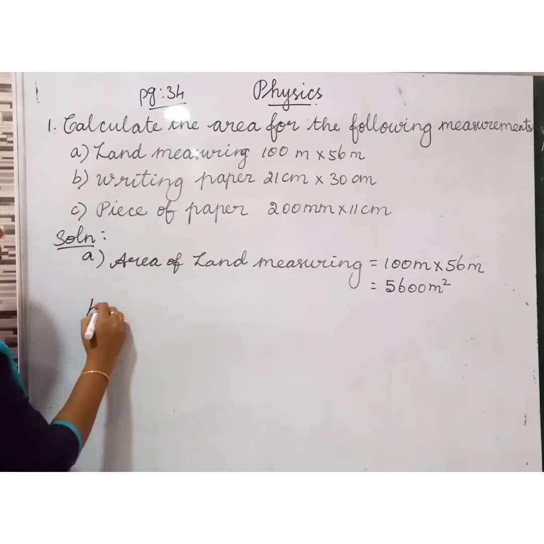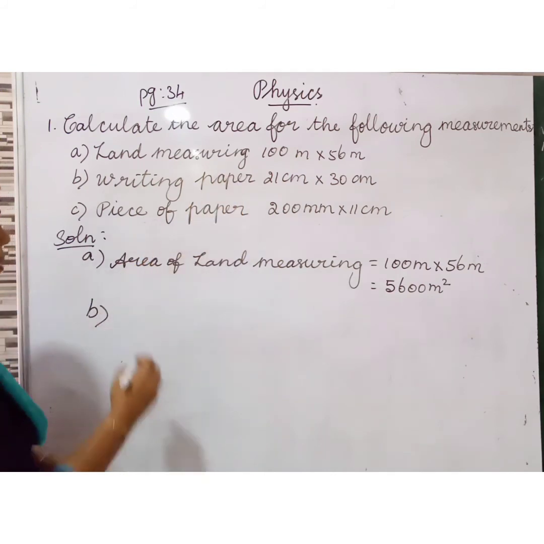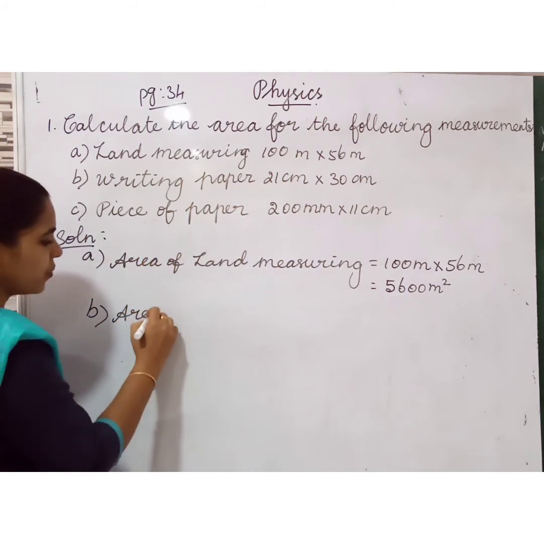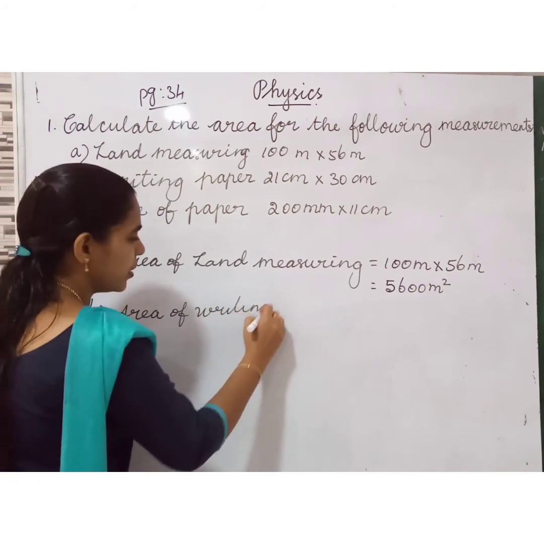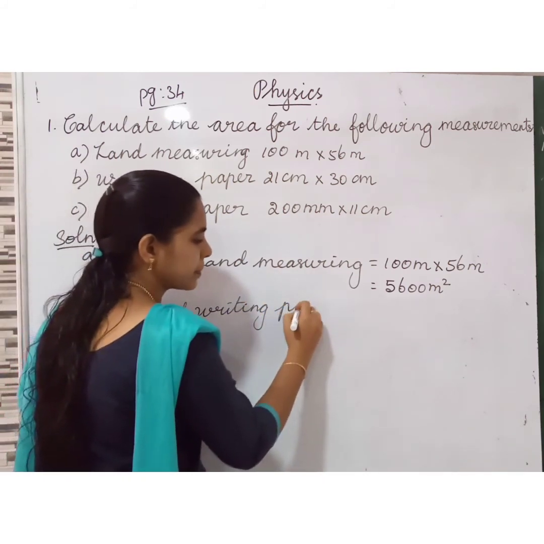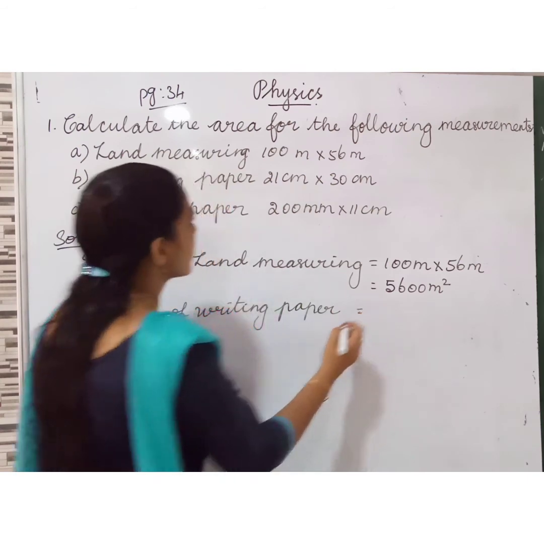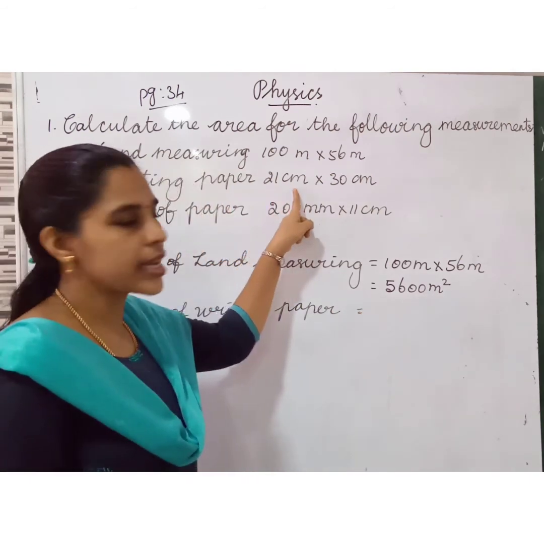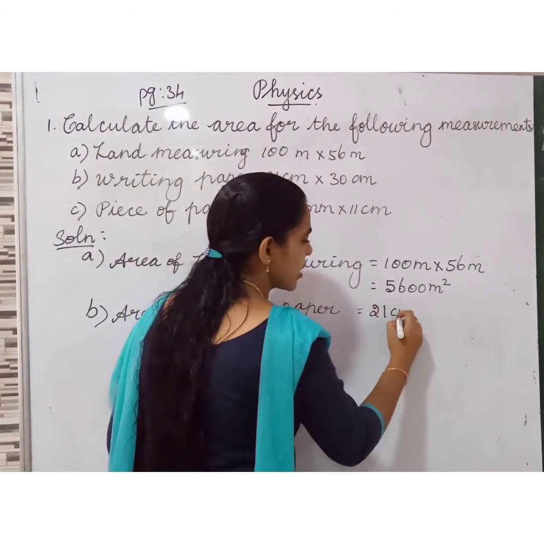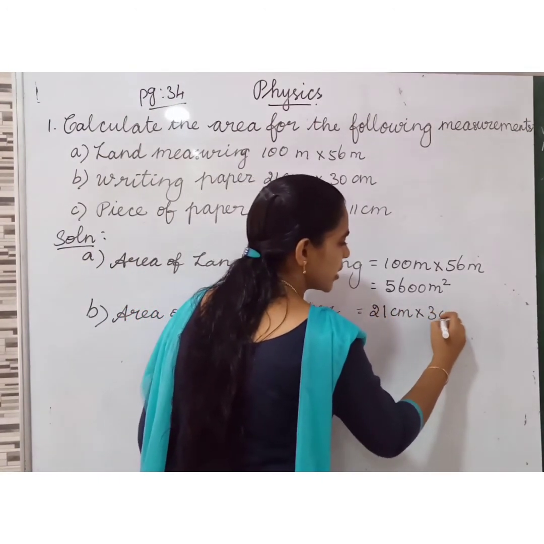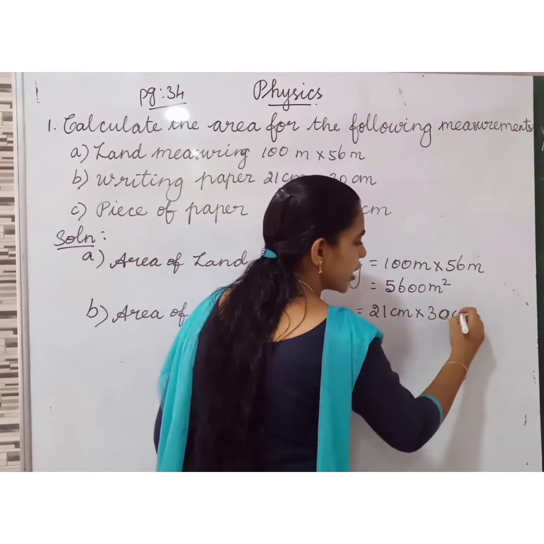Next one, writing paper. The area of writing paper is equal to 21 centimeter into 30 centimeter.